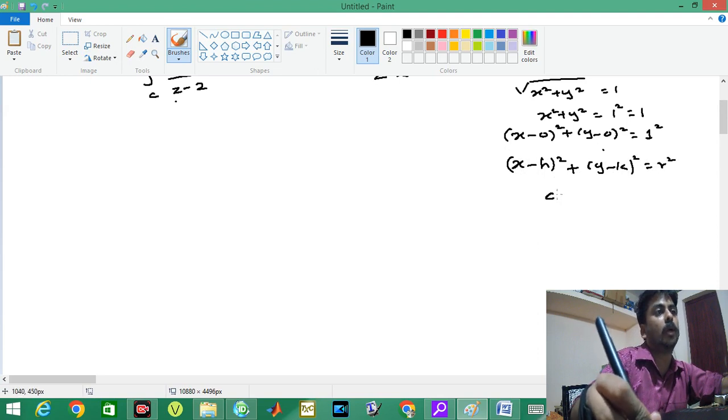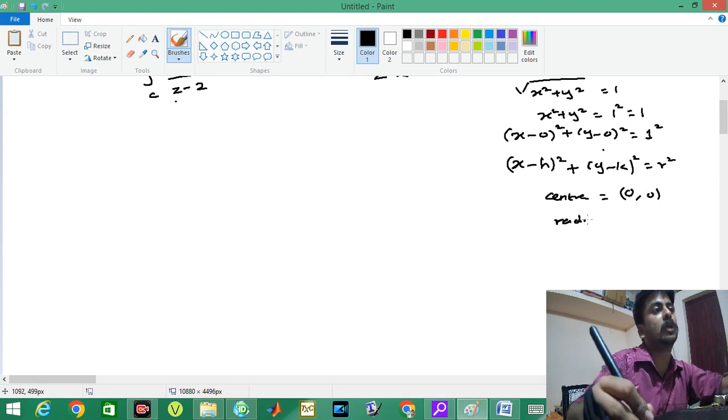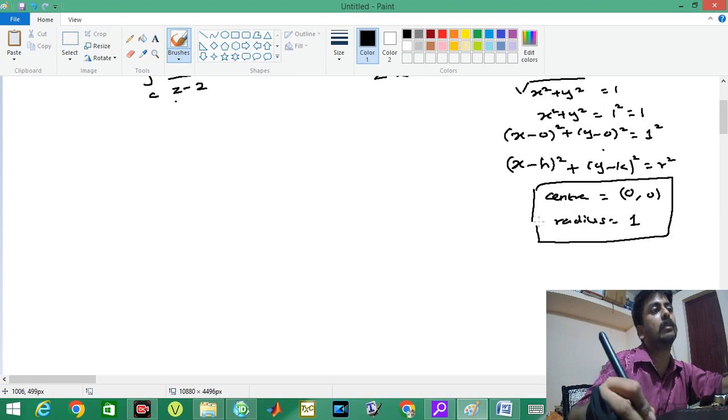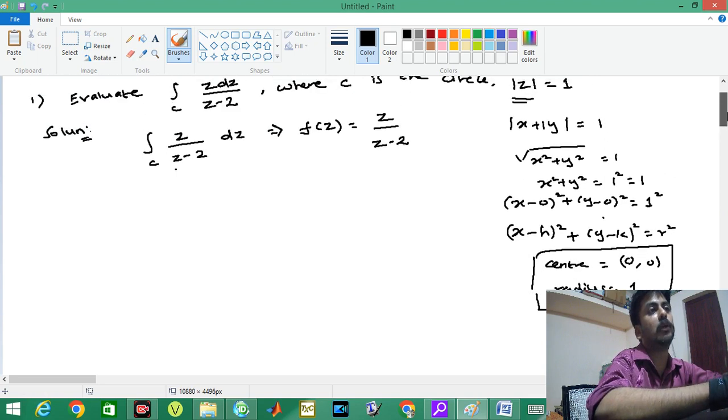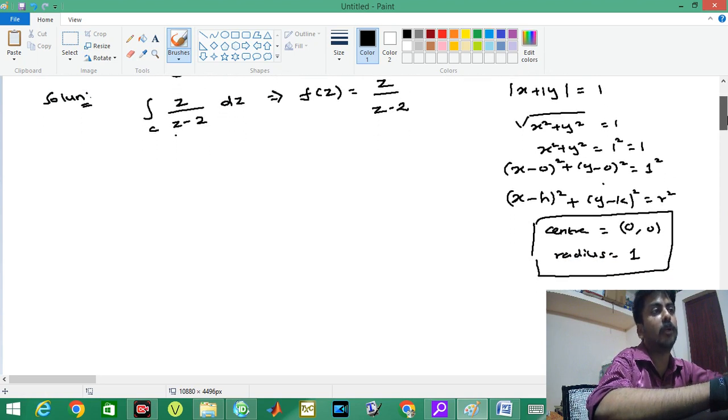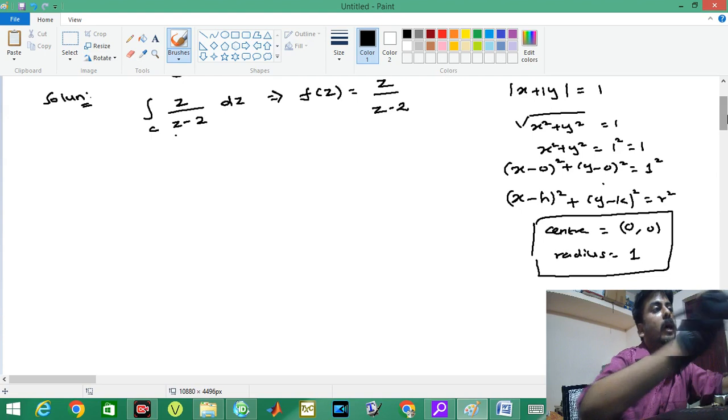If so, the center is h comma k, that is, the center is 0 comma 0 and the radius is 1 for this circle. It is just 2 marks. It is not necessary for you to spend this much time, but you have to understand the problem. That is why I am explaining it in this much detail.